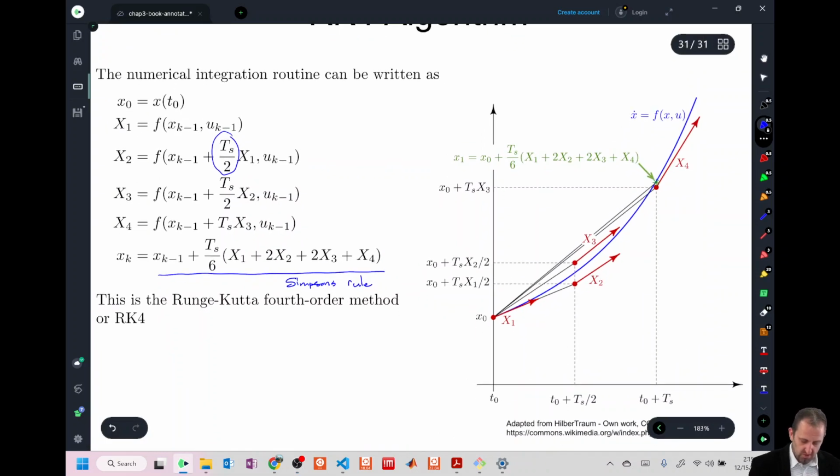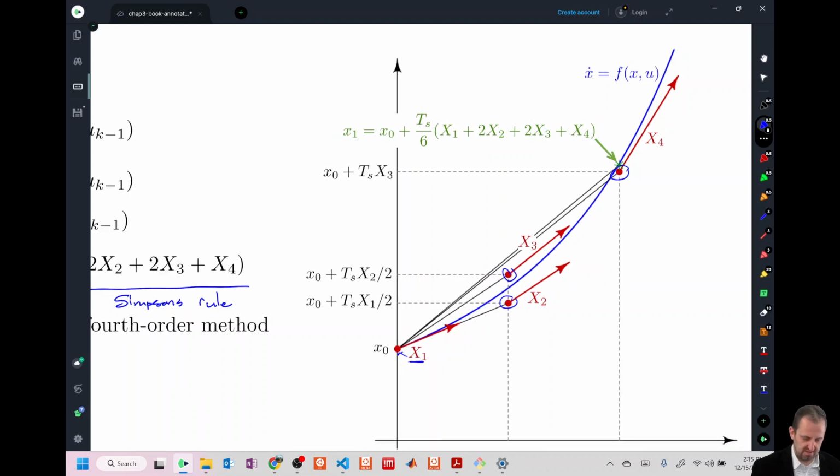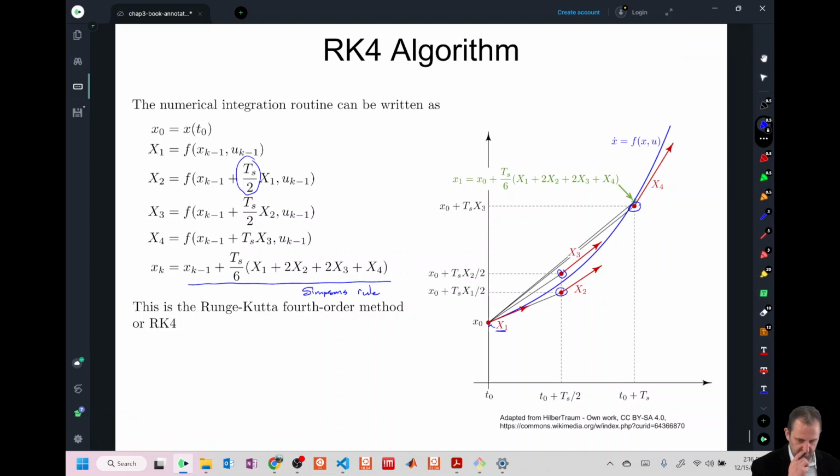So we're just taking the various components of our RK4. This is just showing where we're evaluating our dynamics. So x1 is evaluating it here at the beginning time. x2 and x3 are at the halfway point, and this big x4 is at the final point. We combine them together, and hopefully we're approximating our system as a parabolic function between those two time steps.